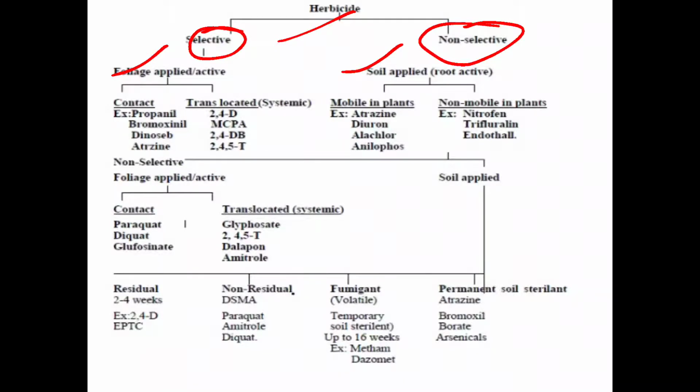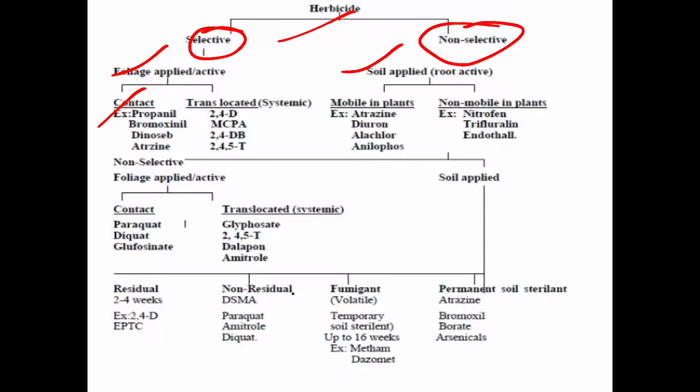Translocated herbicides are also known as systemic herbicides. Examples of contact selective herbicides are propanil, bromoxynil, dinoseb, atrazine. Examples of translocated selective herbicides are 2,4-D, MCPA, 2,4-DB, 2,4,5-T.